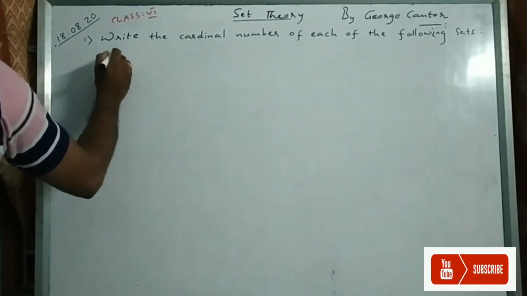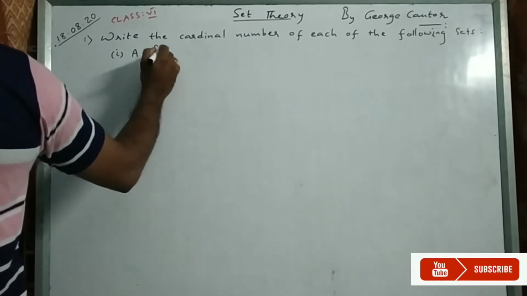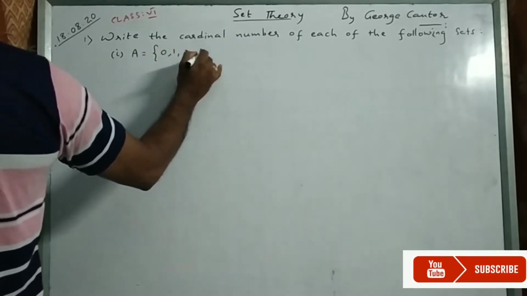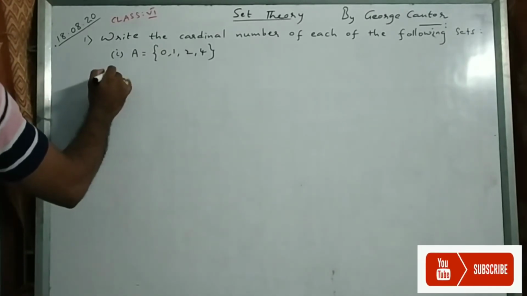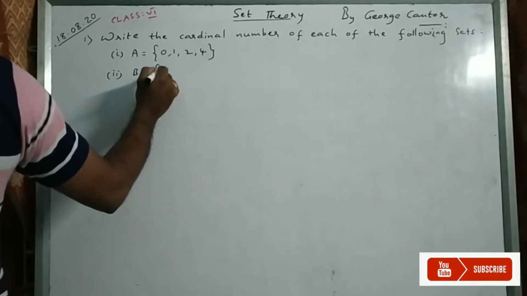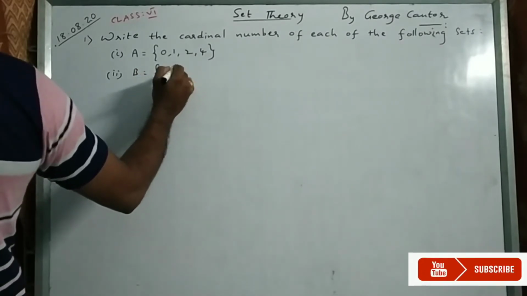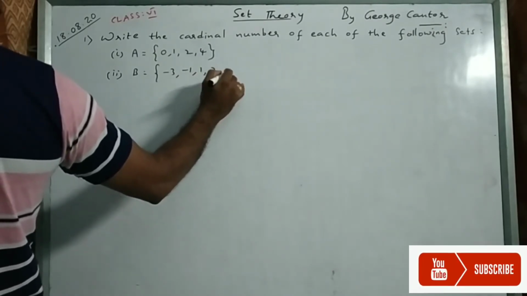First one is A equal to {0, 1, 2, 4}. B equal to {-3, -1, 1, 3, 5, 7}.